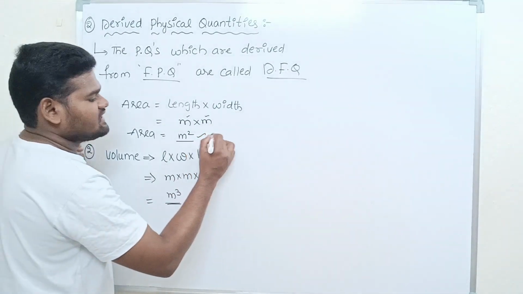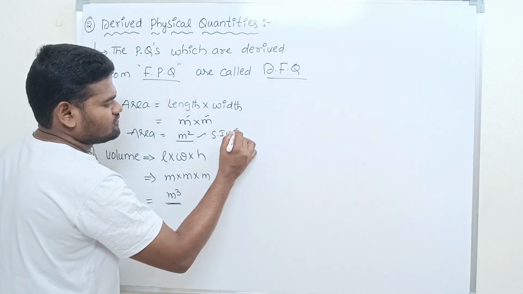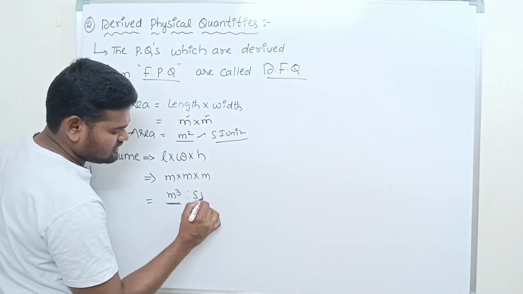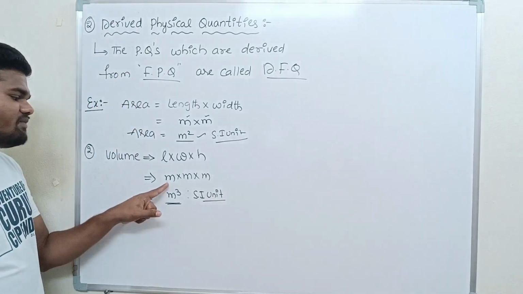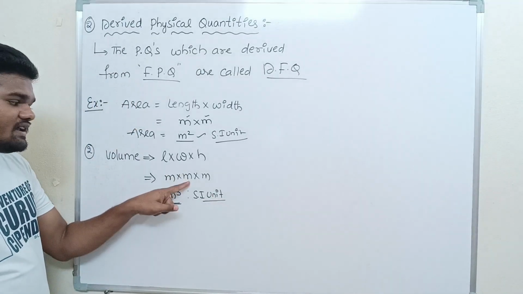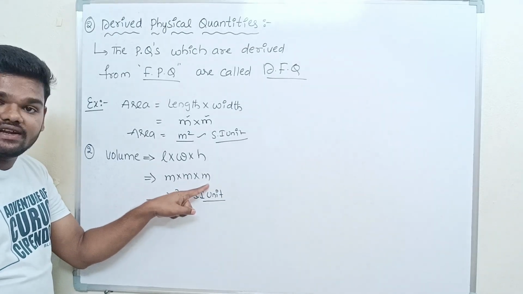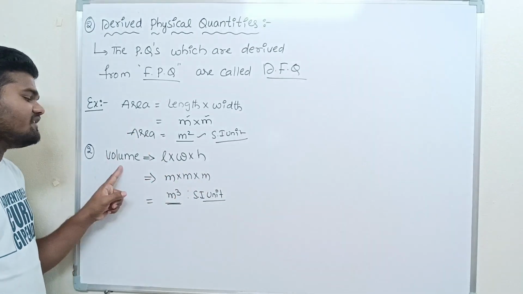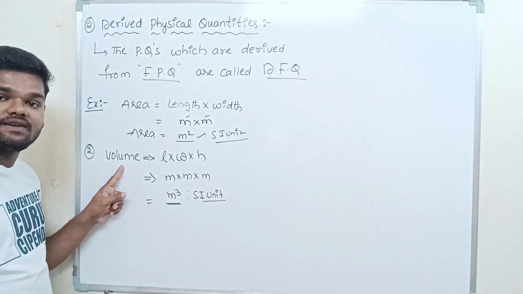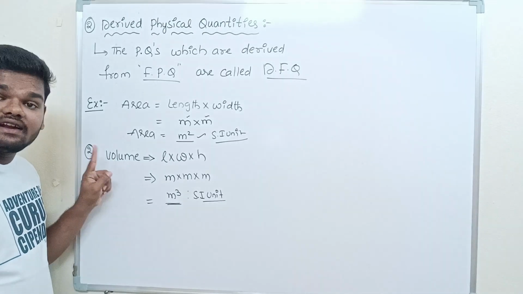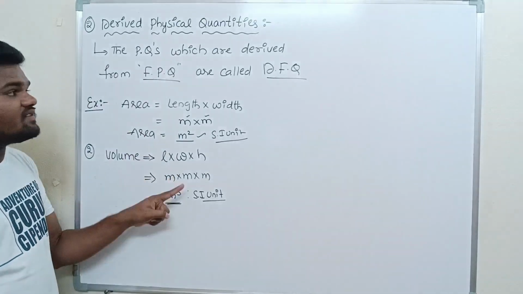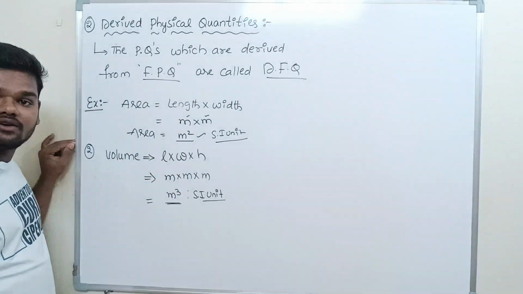This is the SI unit for volume. Volume is a derived physical quantity, derived from fundamental physical quantities.